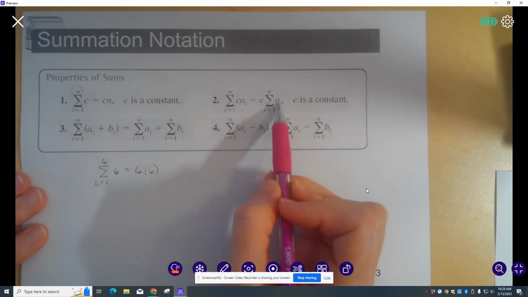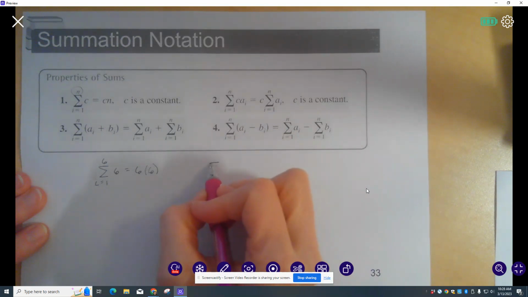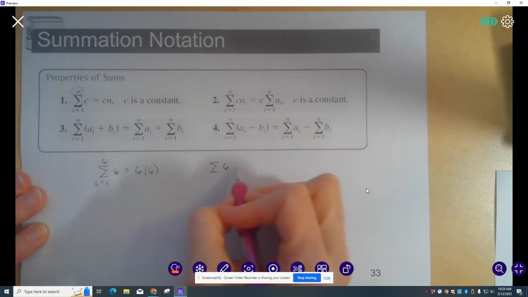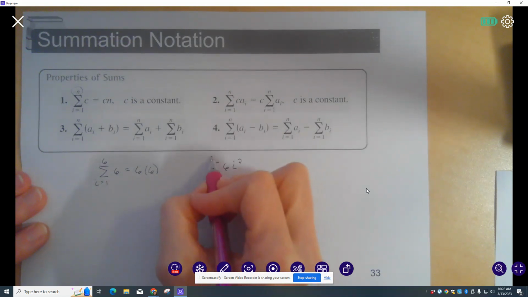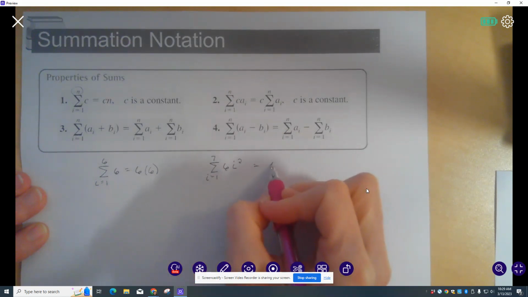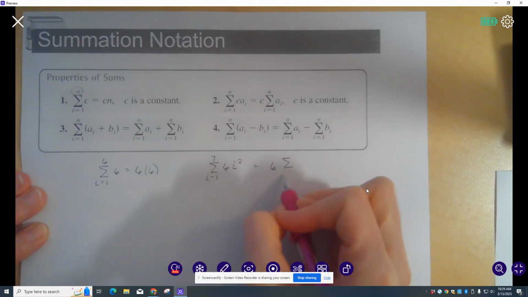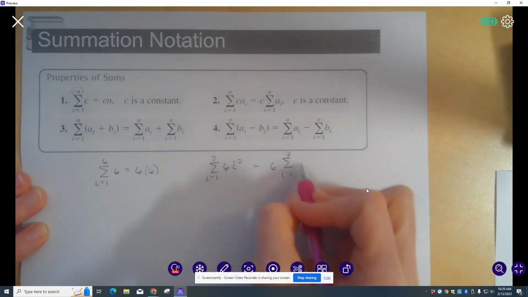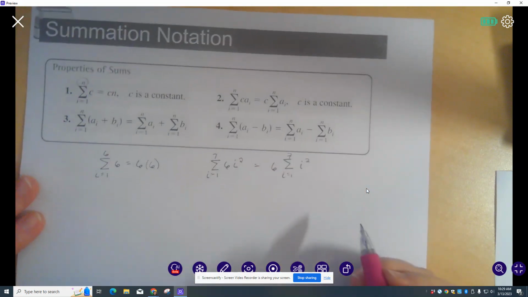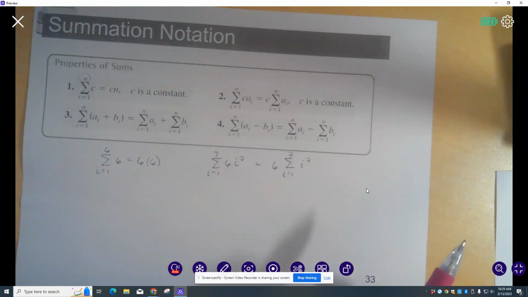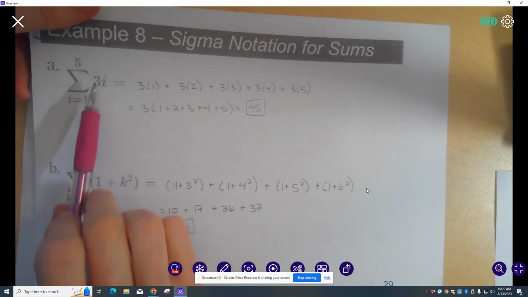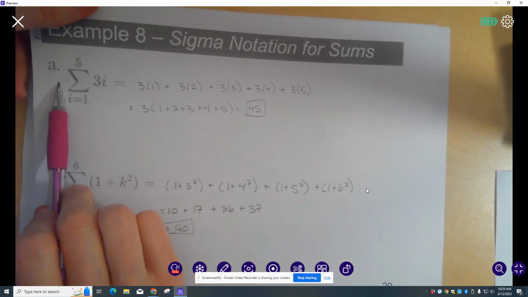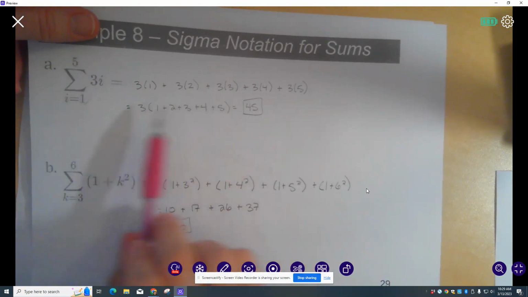This also says if you have a constant, say you had 6 times i squared, i equals 1 to 7, you can take that 6 out front and then do your summation on the i squared. That's sort of like the one where I factored that 3 out. We could have taken that 3 out front, found all these numbers, and then just multiplied by that 3.